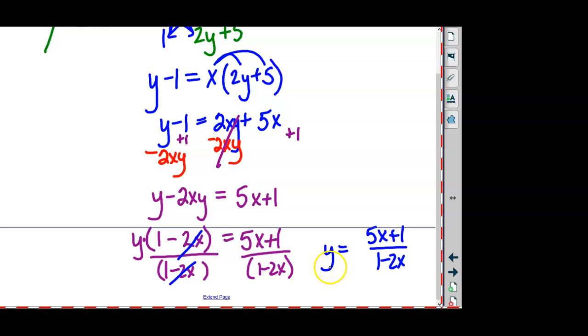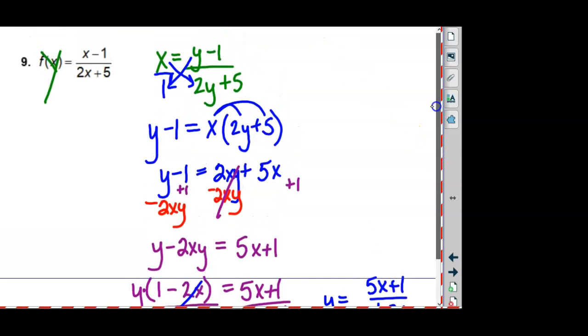And you can replace that with an f to the negative 1. I'm not going to bother. But I need you to understand that if I had done this in a different order, just watch me for a second, guys. If I had done it by putting this one down first, 2xy plus 5x.